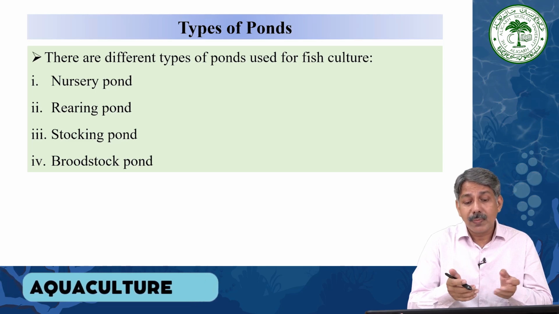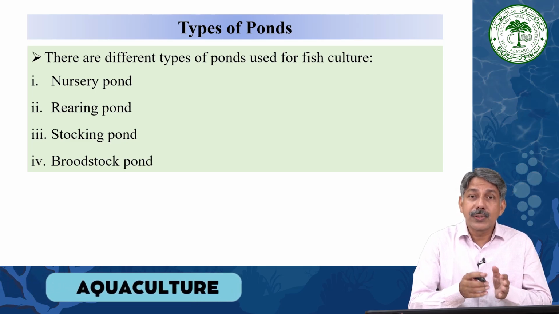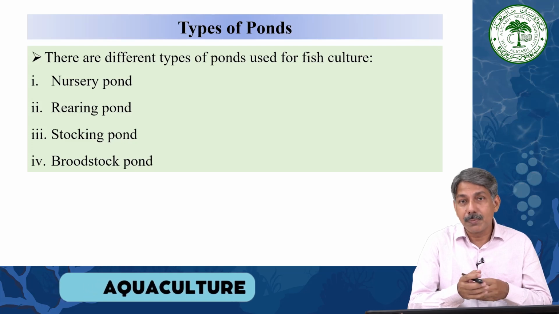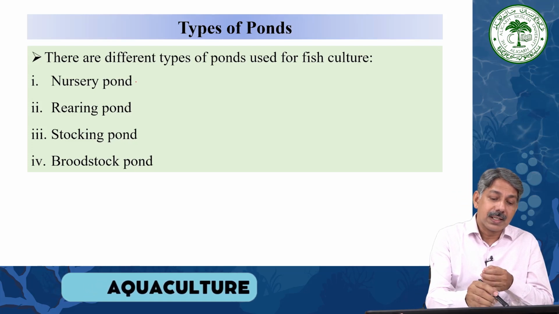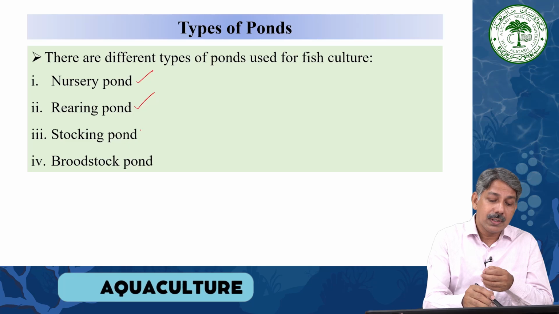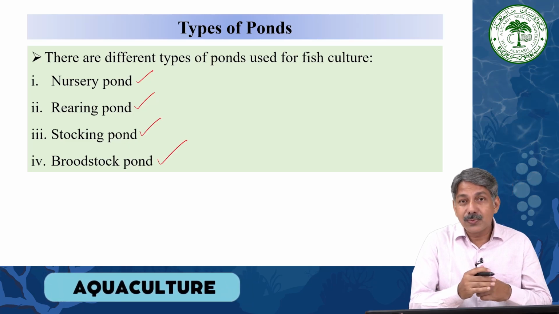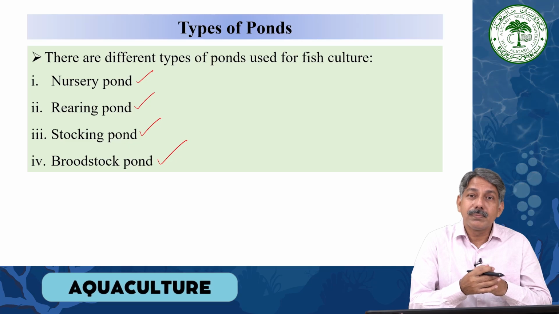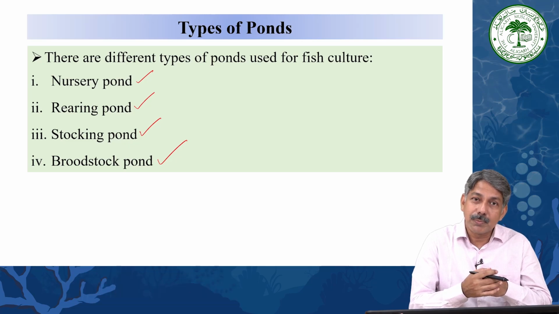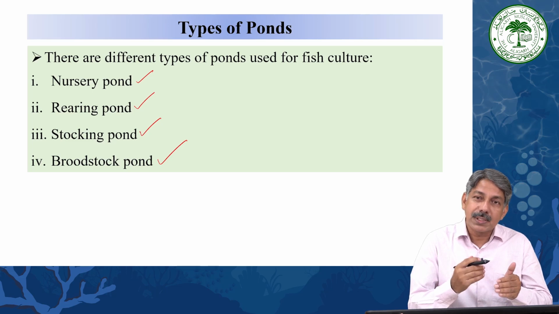Types of ponds: depending on the utility, there are different types of ponds. For example, nursery pond, rearing pond, stocking pond, broodstock pond. Apart from these four, you may have a few other ponds also. For example, in some farms, when one crop is harvested, they don't wait for the right people to come and take the harvest to the market.